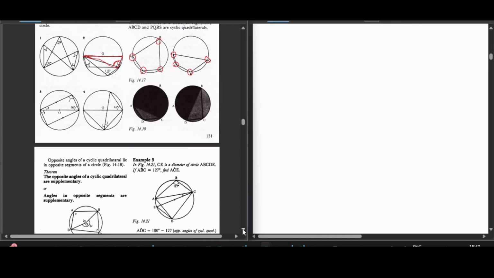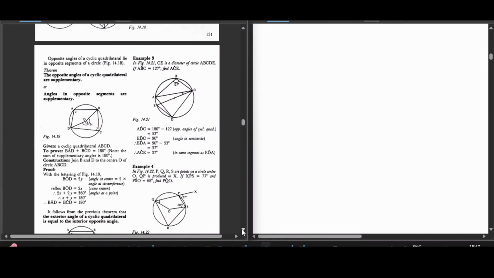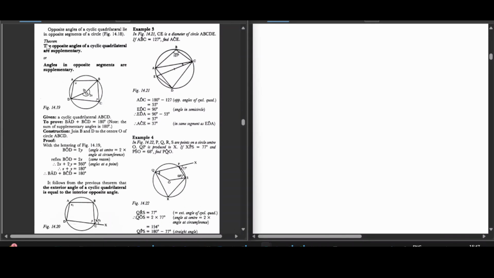But the theorem we are looking at is this: opposite angles of a cyclic quadrilateral lie in opposite segments of a circle. Let us read the theorem again, which will make number 4. The opposite angles of a cyclic quadrilateral are supplementary.